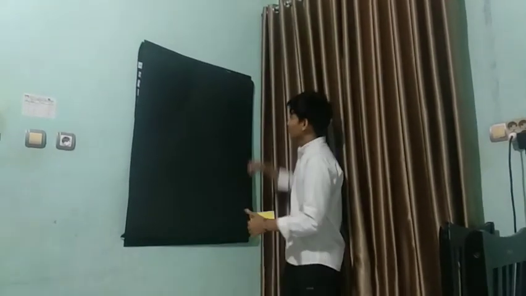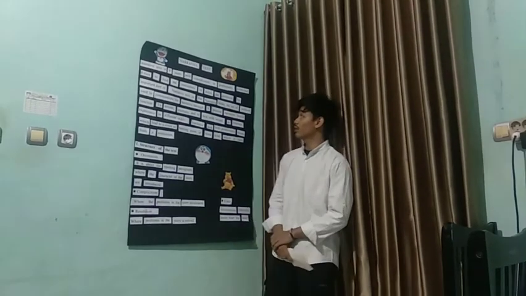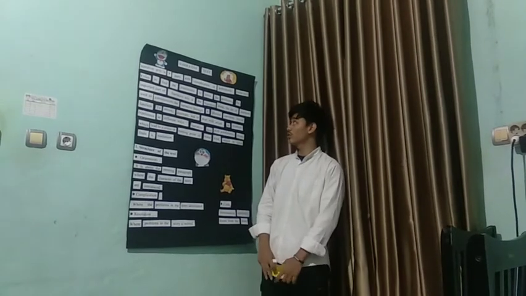I want you to look at this. Before we study narrating a story, we have to know what narrative text is. Narrative text is a story with a complication or problematic event, and it tries to find the resolution to solve the problem.